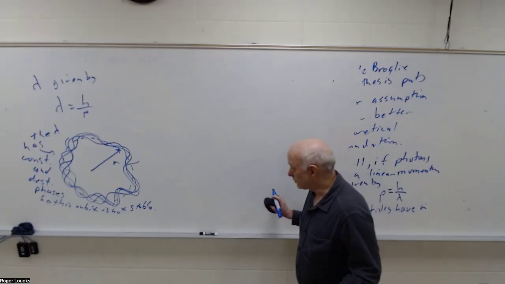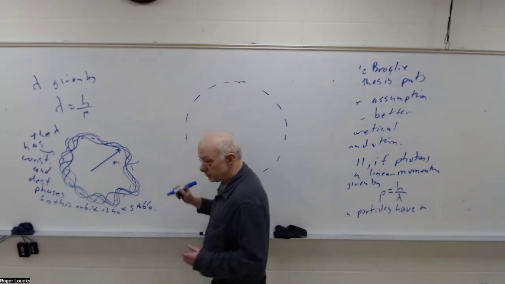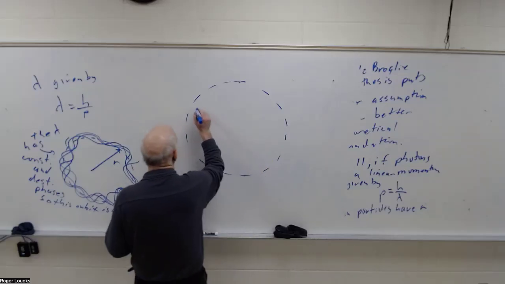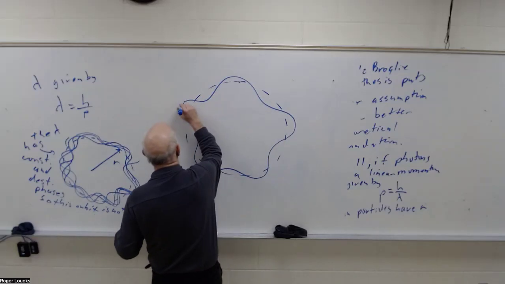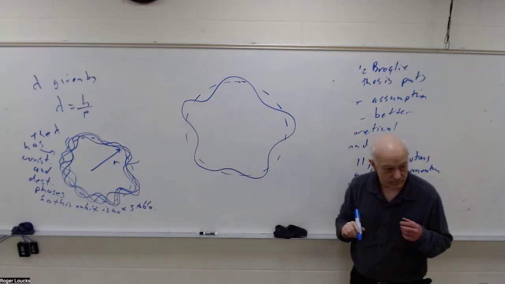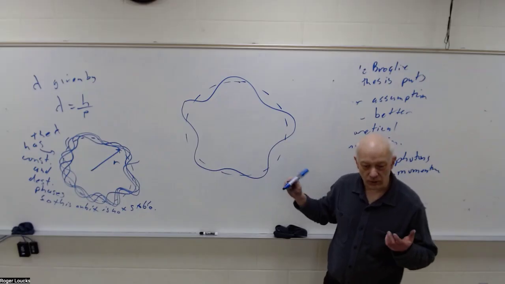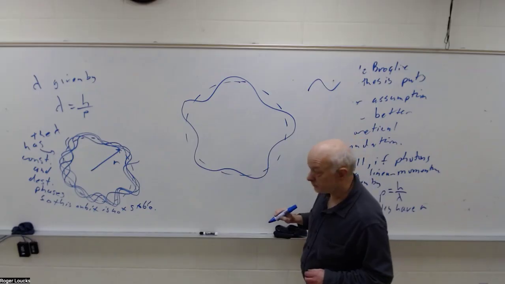Okay, now what would we have happen? We don't have to have that happen. Instead, we could have this. I could have that. What's this condition here? How many wavelengths do I have here? Remember, this is a wavelength.